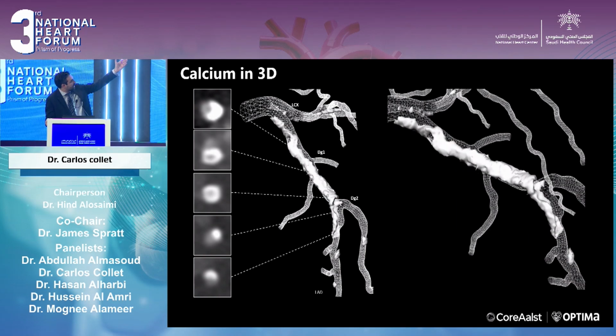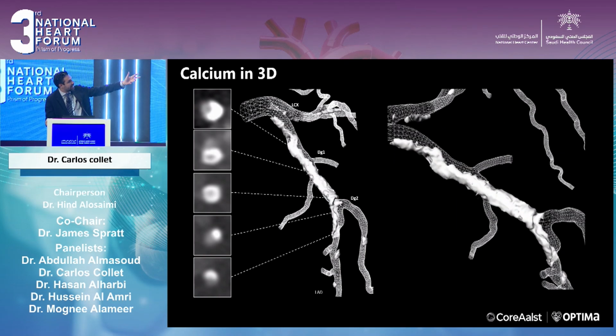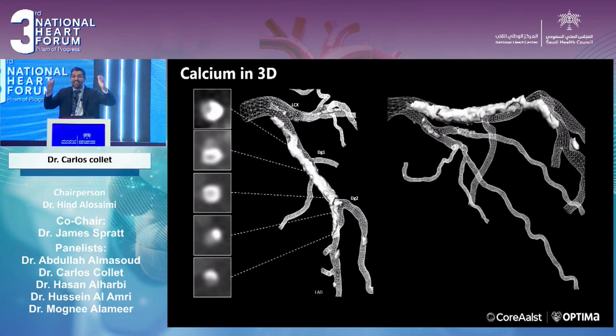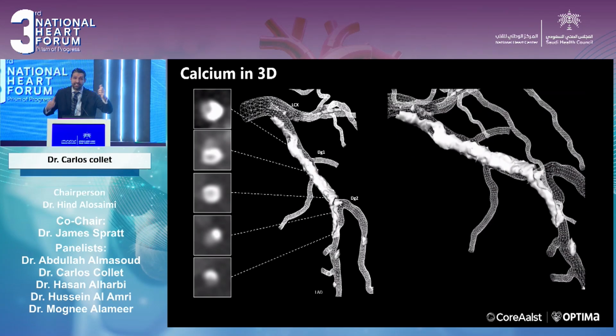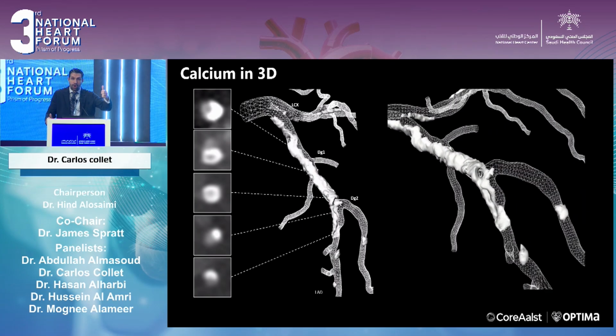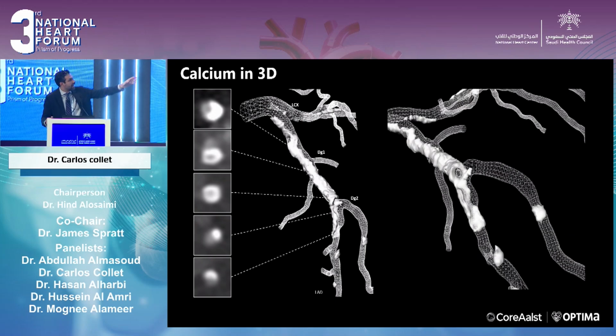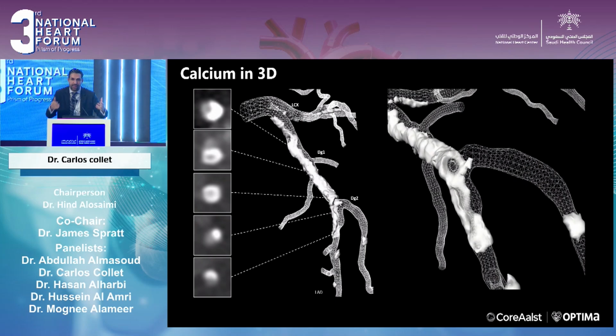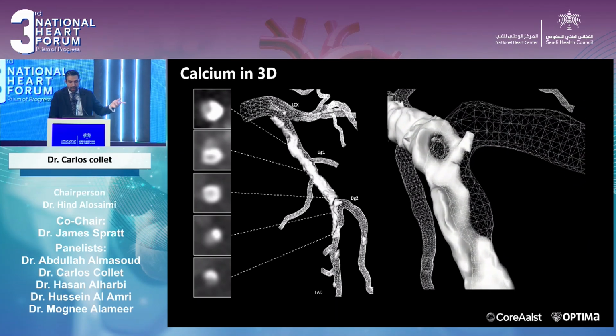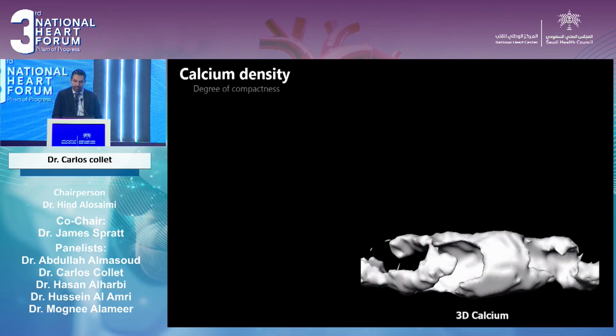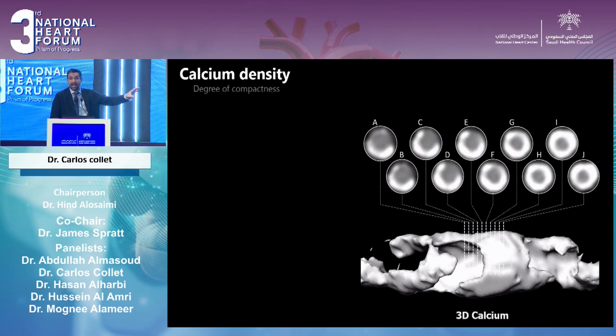So we're not only seeing the calcium in the cross-section, but now you have an idea of where in the coronary wall the calcium is located and how it extends in the vessel. In this case you have a ring of calcium just before the take-off of that diagonal, and this of course makes the assessment of calcium extremely intuitive.